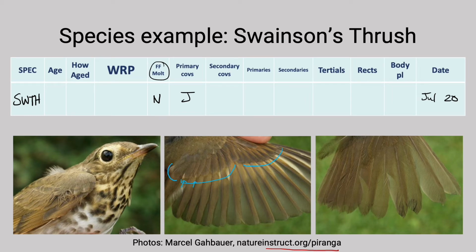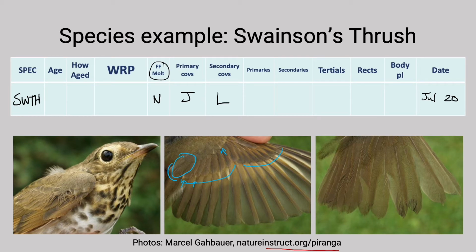You can also see some of those in the median coverts too. We'll get there in a second. But there are at least a couple feathers at the very inside of this tract that have been replaced. They don't have those buffy tips. They look sort of a nice glossy olive greenish color to them. So we have a molt limit in the secondary coverts.